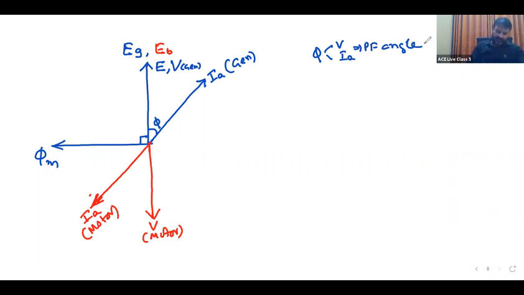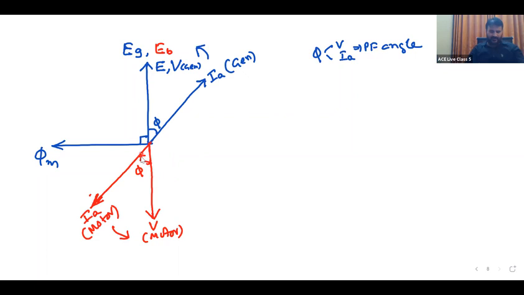So that is phi, and this is also phi. These vectors are rotating counterclockwise. You observe for the generator and the motor, this current lags this voltage. Lagging power factor. And here also this current lags the voltage by some angle.